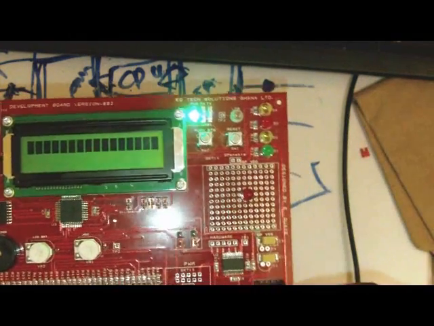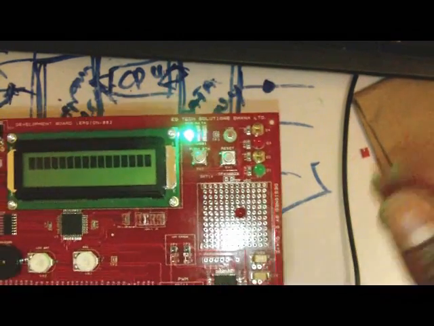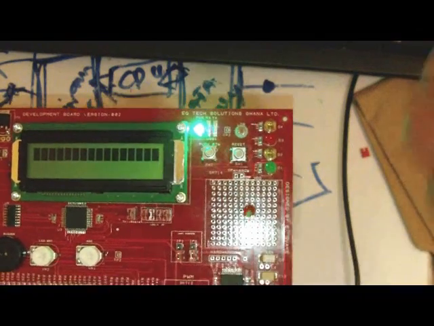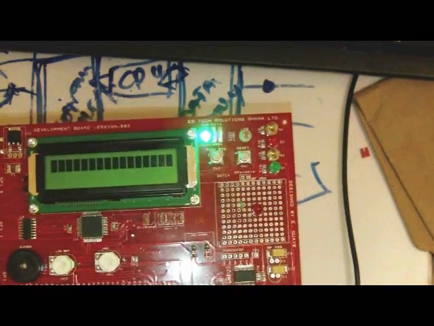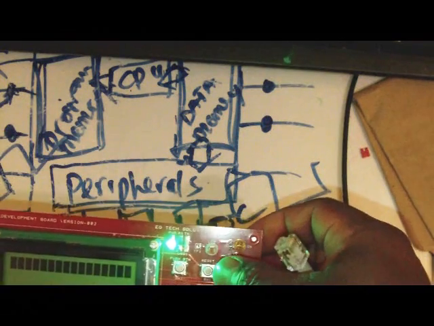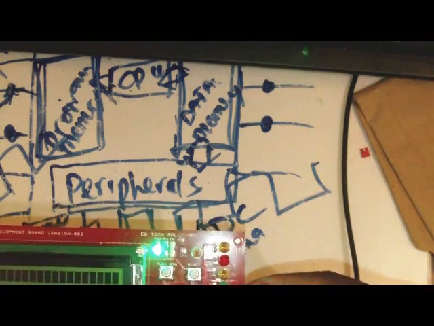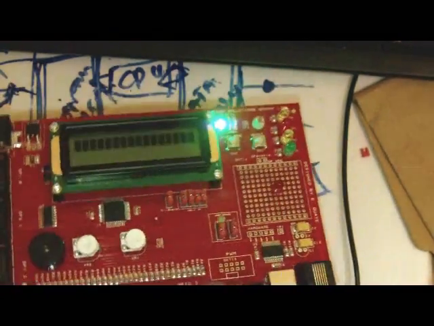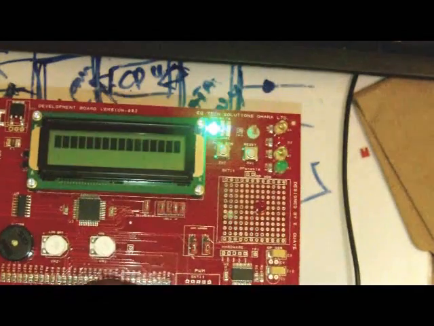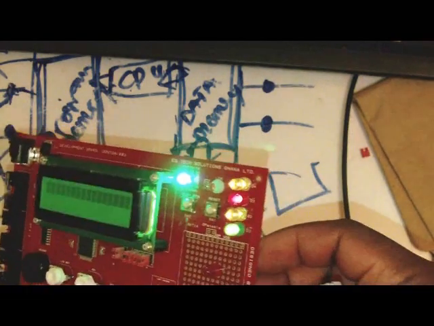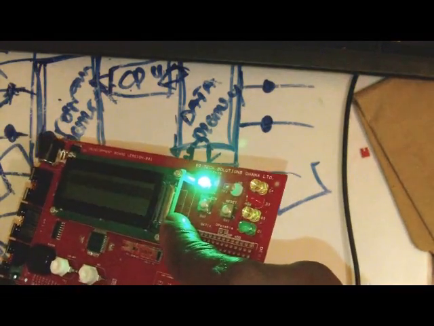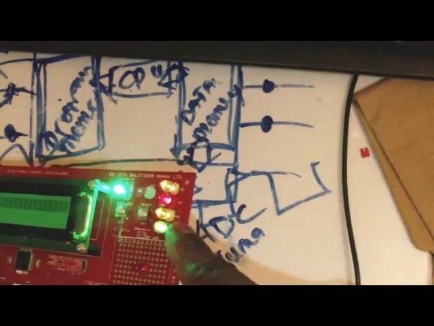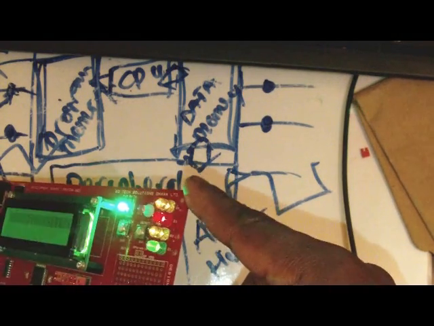Alright, now let's see whether the board will do what we've instructed in the code. So I remove the programming, and let's reset it and see. Yes, okay. Now you see the backlight of the LCD is changing, and at the same time it's switching this LED on and off.